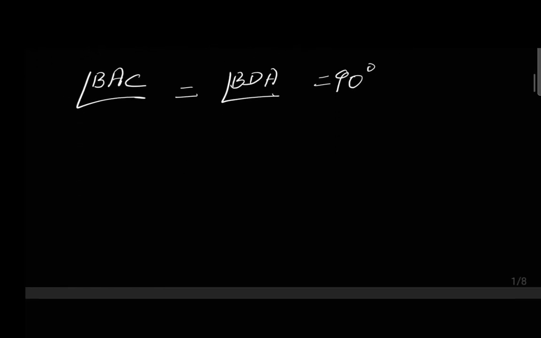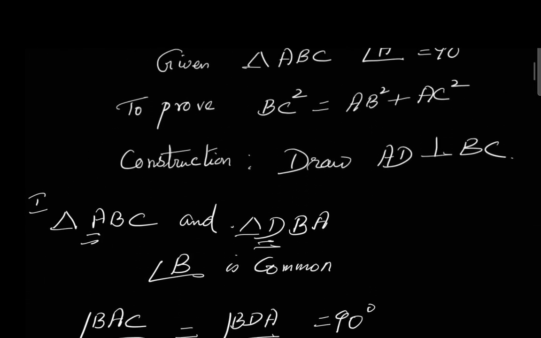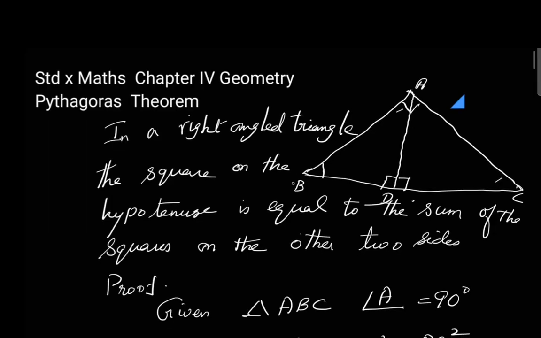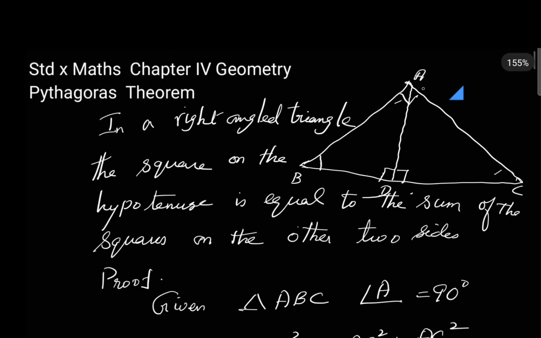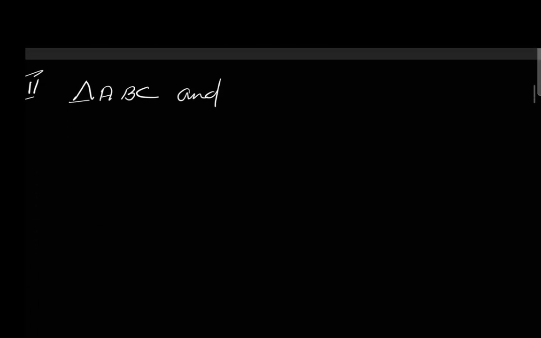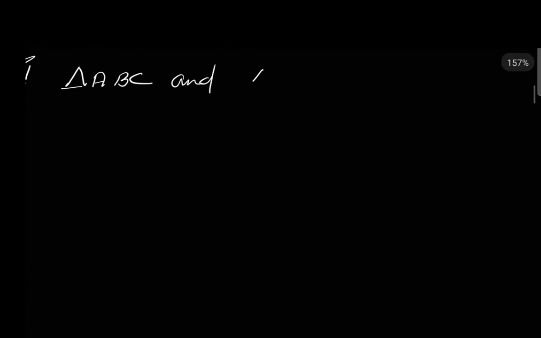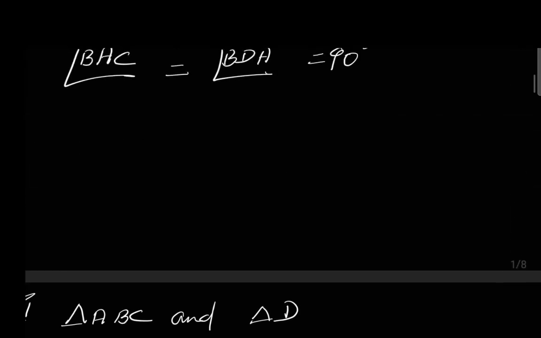The same way, in the second part, take the bigger triangle ABC and compare it with the other smaller triangle. In the bigger triangle, angle A is 90, so which angle is 90 here? D. So write the letter D first. Which angle is common?